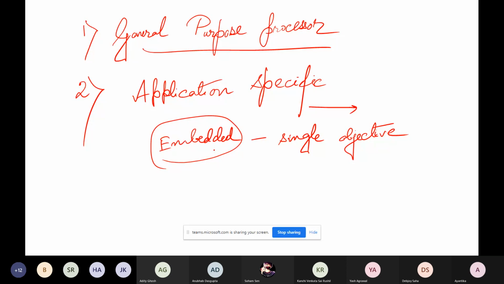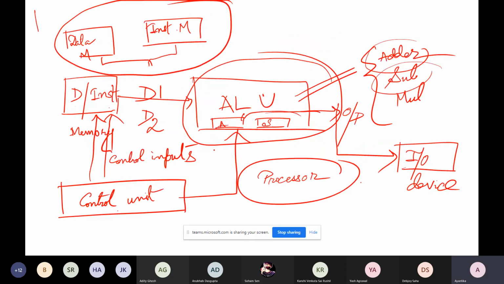Okay, so this is the first thing. The second thing is that this is not only about the ALU. This is true for IO. This is true for data and instruction memory, because when we are talking about a general purpose processor, maybe we are thinking about some kind of parallel processing.